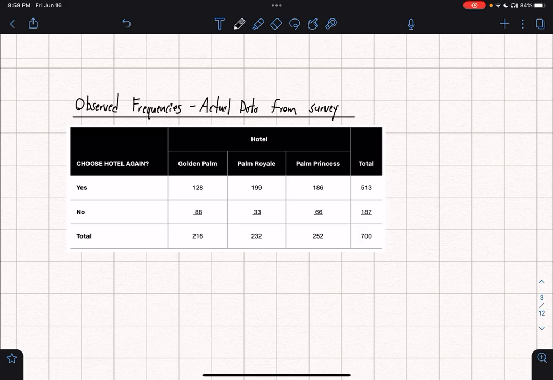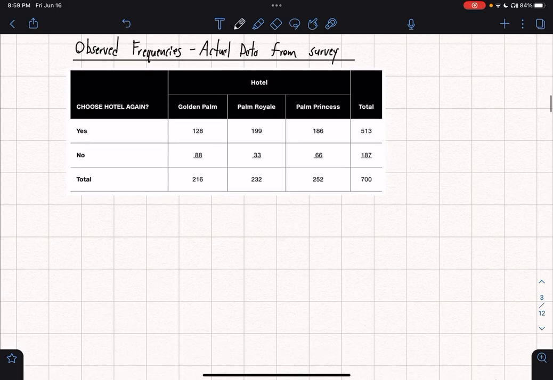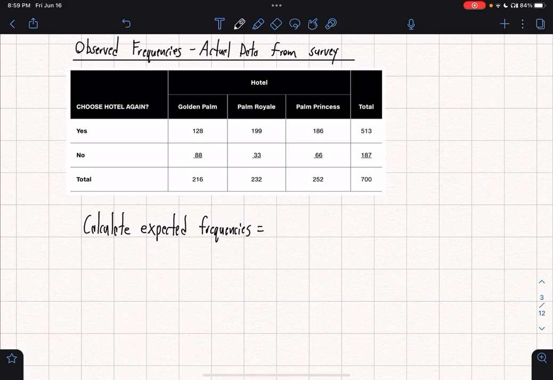So what we want to do is calculate our expected frequencies from each of these groups. So let's recall, calculate expected frequencies, which we're going to call FE, and it is equal to our row total times our column total divided by our overall total.